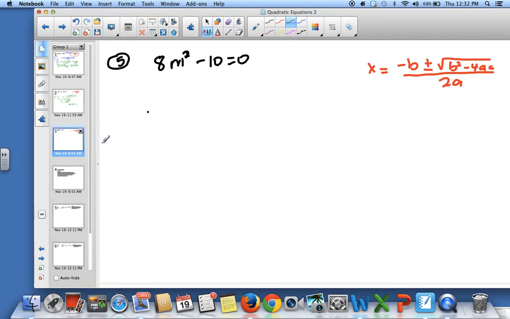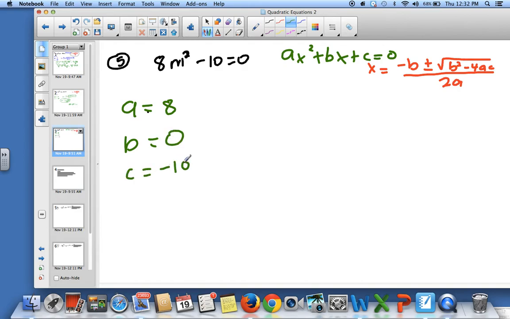Gracias. Okay, for this problem here, we're going to go a little trickier. A equals 8. There is no x term here, and remember, it has to be ax squared plus bx plus c equals 0. There is no x term, so b is just going to be 0, and c equals negative 10.